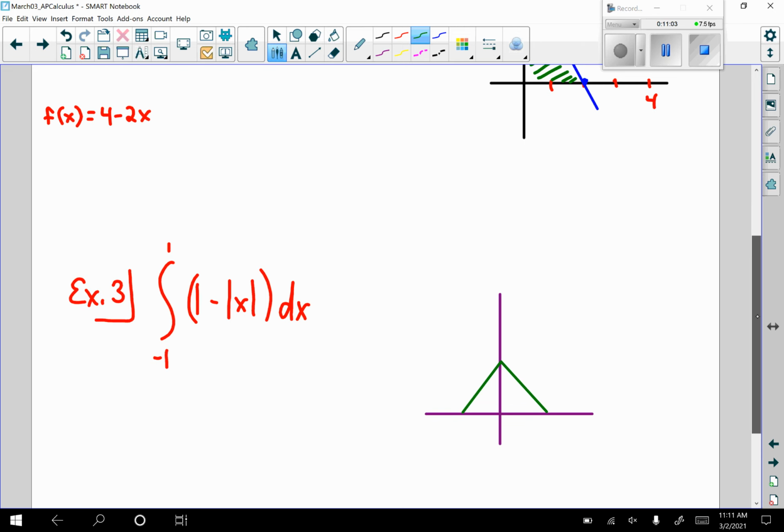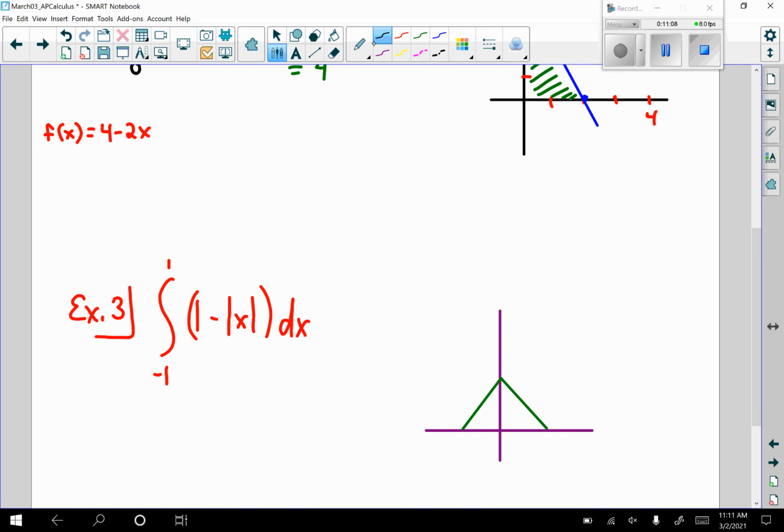All right, so for example 3, we have the integral from -1 to 1. Here our function is 1 minus the absolute value of x. So notice I do have this graphed off to the side. We know that this is going to open down. So we can say we're reflecting y equals absolute value of x, and then we're shifting it up 1 unit.